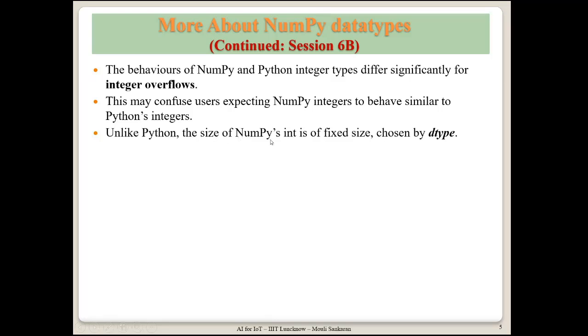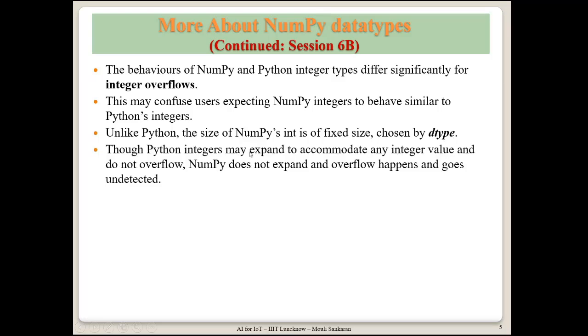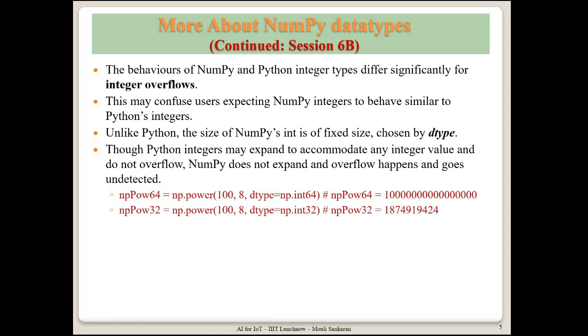Unlike Python, the size of a NumPy int is fixed, chosen by dtype, whether short or integer or int64 or float32. Whereas an integer in Python can grow as per the value that you are storing in it. It can keep on growing. There is no upper limit on how much value you can store in an integer in Python, whereas that is not the case with NumPy.